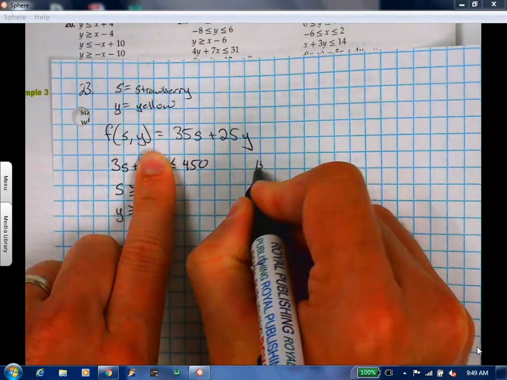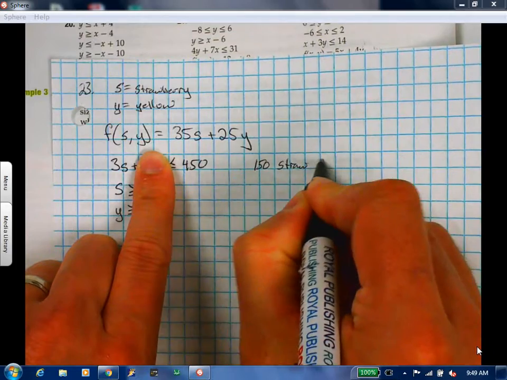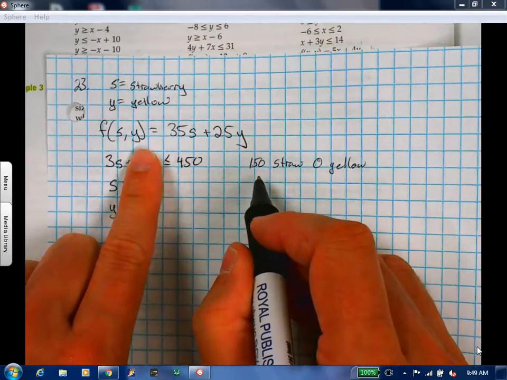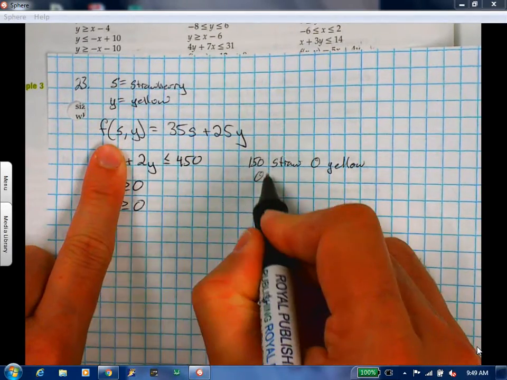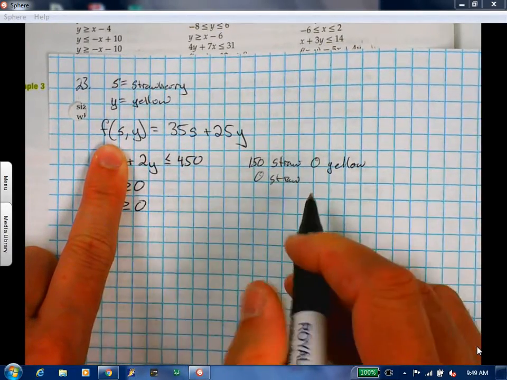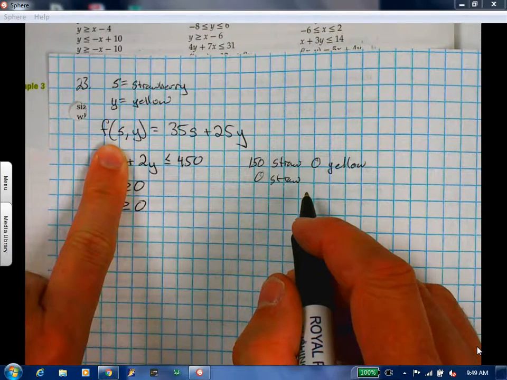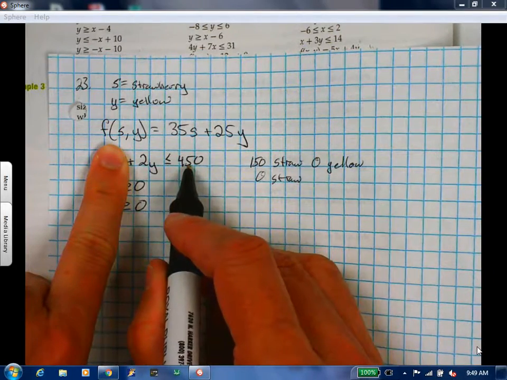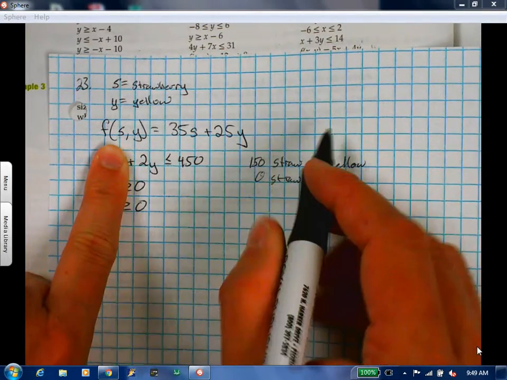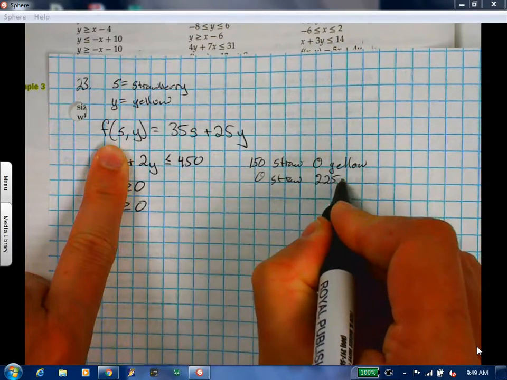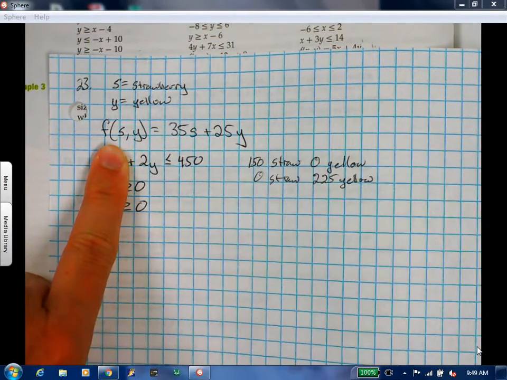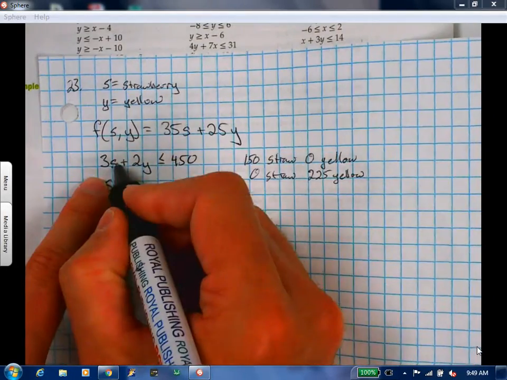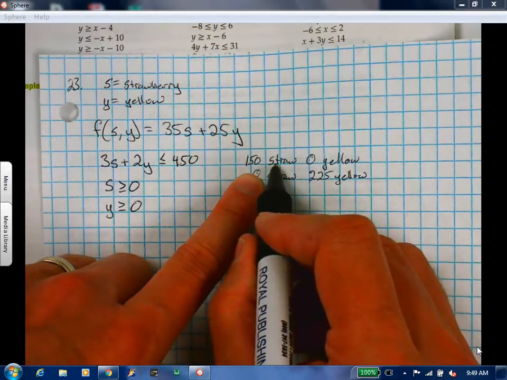Or what about if I make 0 strawberry? How many yellow could I make? So we take 450 divided by 2, you get 225 yellow. So one axis, I'm going to have S be kind of like my X. So one axis I have to go to 150, the other one I have to go to 225. Count by 25s?